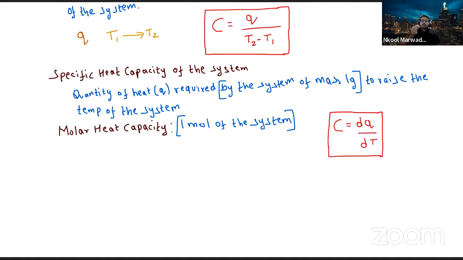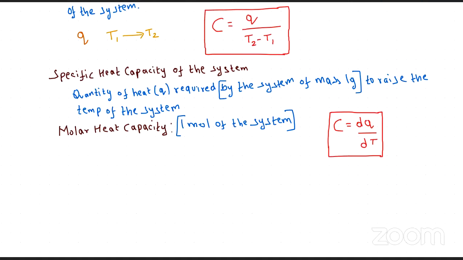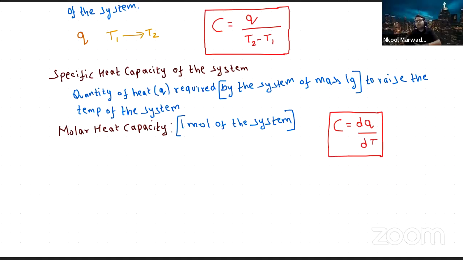Q is the heat supplied to the system. Now heat supplied to the system can be constant or it can be a function of time or of any other parameter. Like with time, the heat which we are supplying to the system may increase exponentially. Then we have to use this equation, dq by dt. Whenever a function is given, like heat is a function of time, we have to differentiate that function with respect to temperature, something like that.